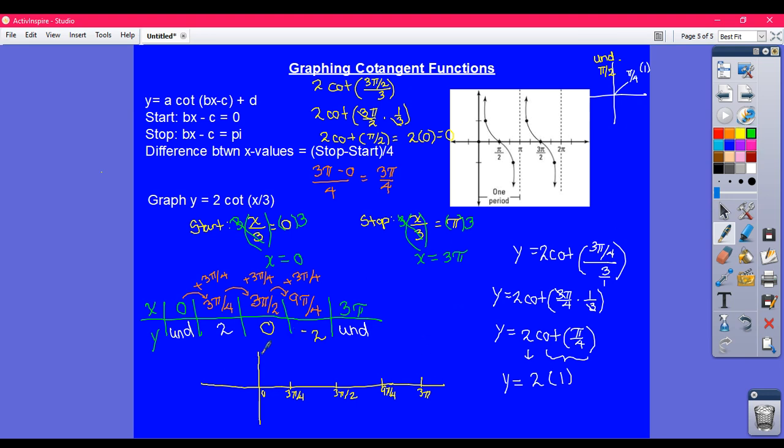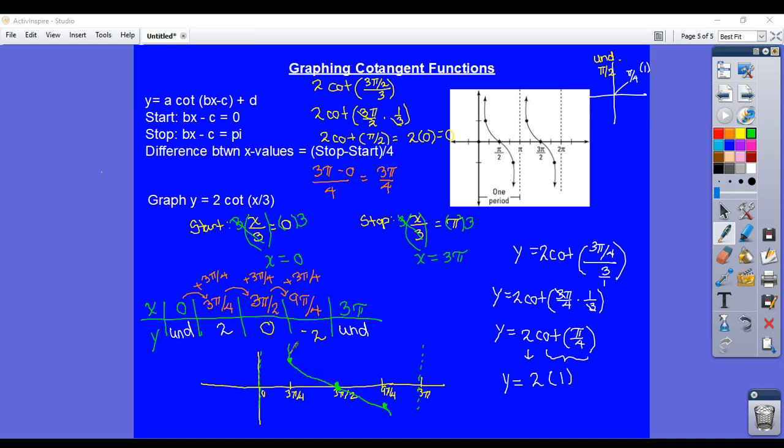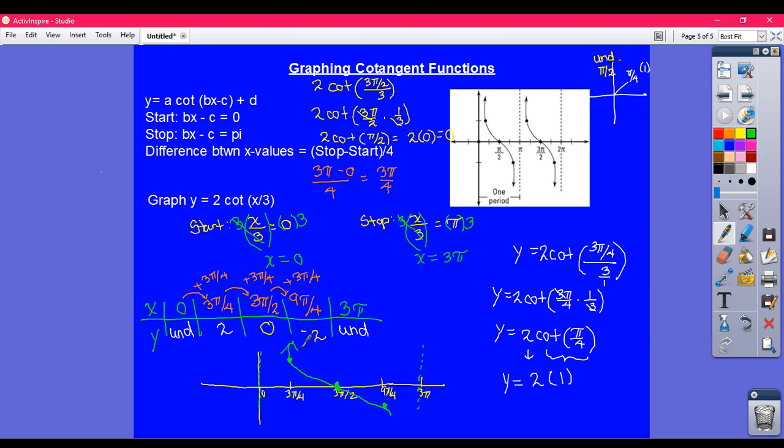Again, the undefined just means there's a vertical asymptote there. 3 pi over 4 would be at 2. 3 pi over 2 would be at 0. 9 pi over 4 would be at -2. And I already know the graph's shape itself because, well, it doesn't change for cotangent. And from there, you have your graph.